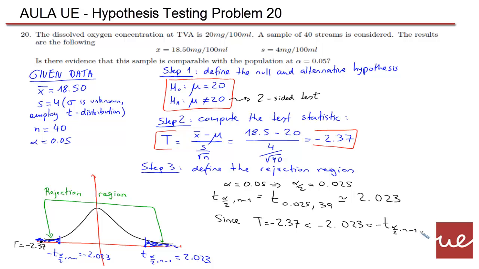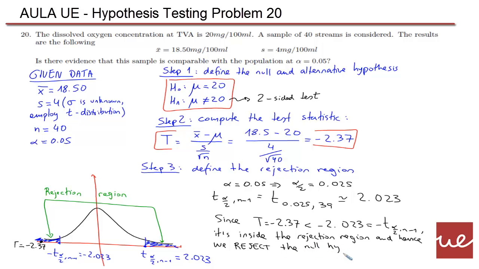Okay, what happens? If the test statistic is inside the rejection region, we just need to reject the null hypothesis. That is the mathematical conclusion for the problem. We reject the null hypothesis. And now we just need to answer, of course, the question from this problem.